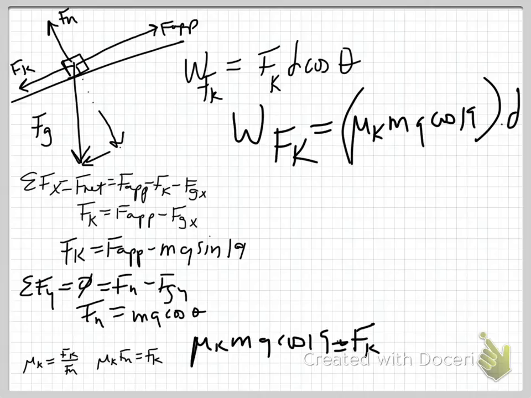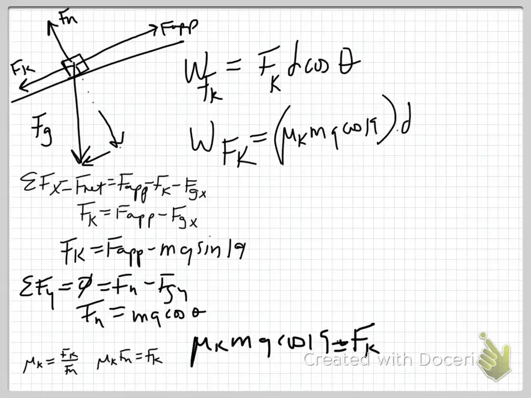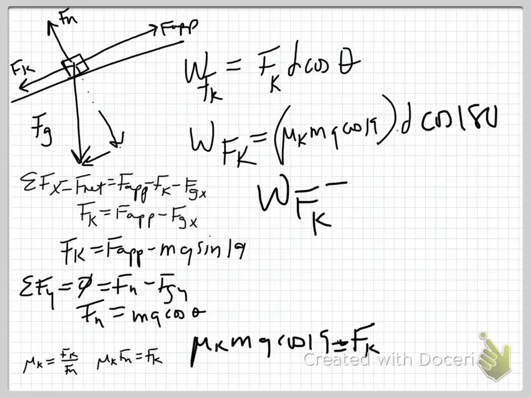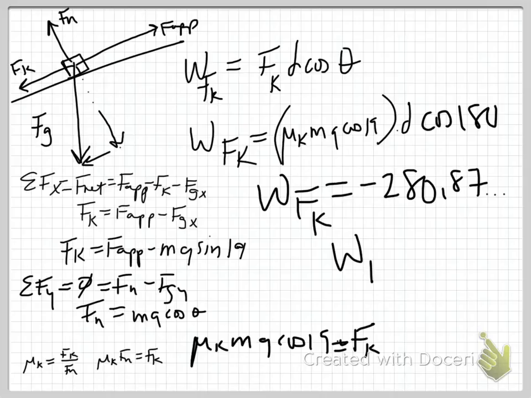Up the ramp. Which way is force kinetic friction? Down the ramp. So they're in opposition, so that's going to be times cosine 180. Okay, so for the work done by kinetic friction, we get a raw answer of negative 280.87 blah blah blah, and with sig figs, work done by kinetic friction is negative 280 joules.